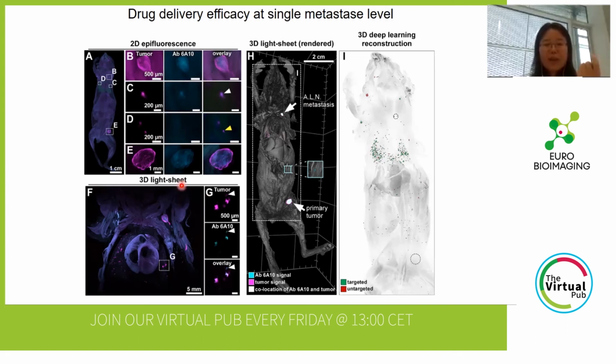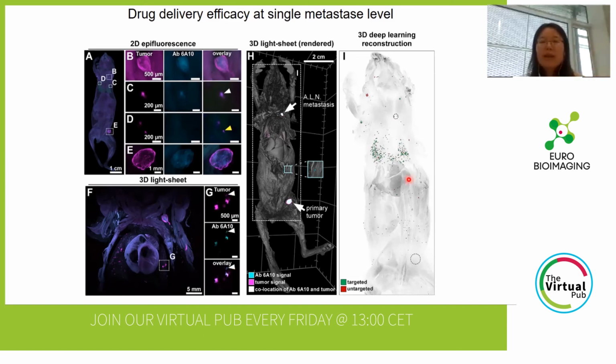We also further confirmed the same results with the 3D light sheet microscope. Here shows the heart part surrounded with the lung. Here is the axillary lymph node. And we can see the colocalization in these two channels.